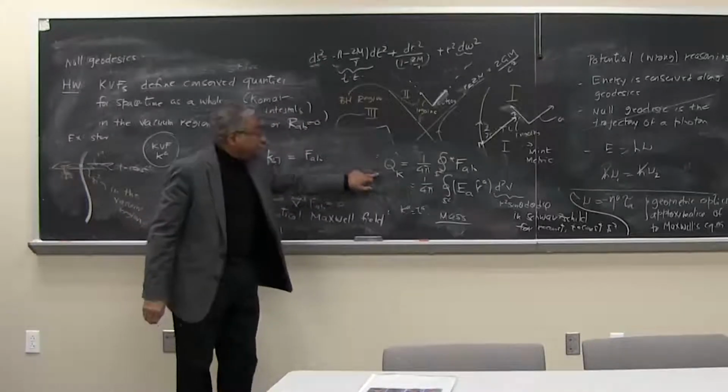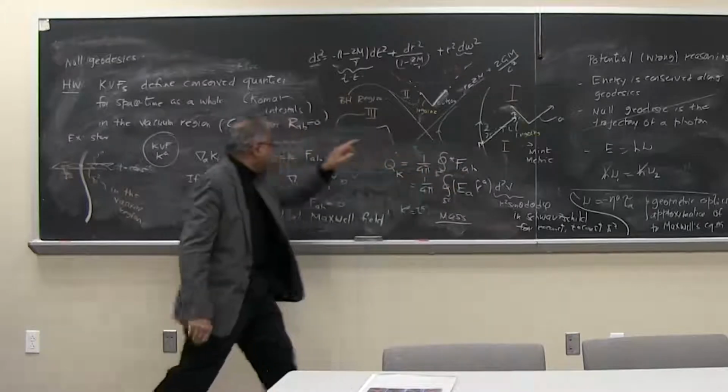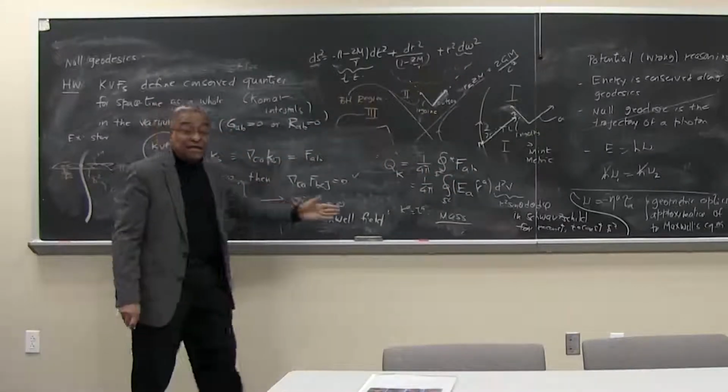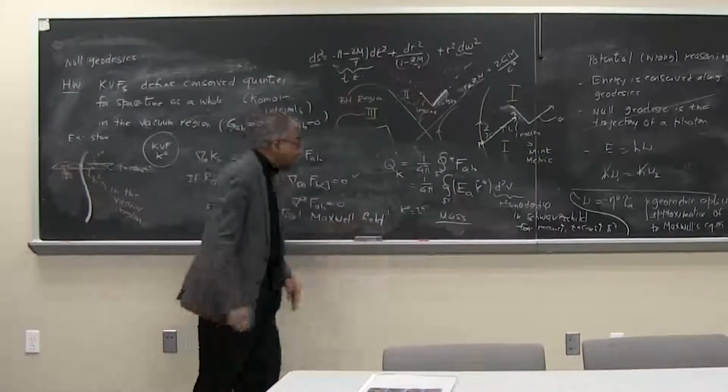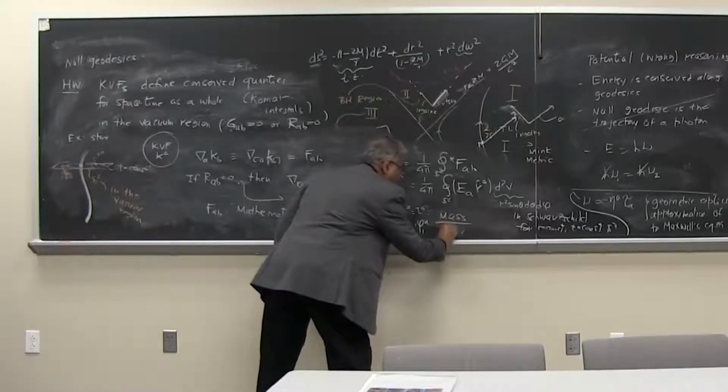So if you like, the electric charge of this fictitious Maxwell field constructed out of the Killing vector field is just the mass of the space-time. And similarly, if it were one of the rotations, then it would be the angular momentum of the space-time.